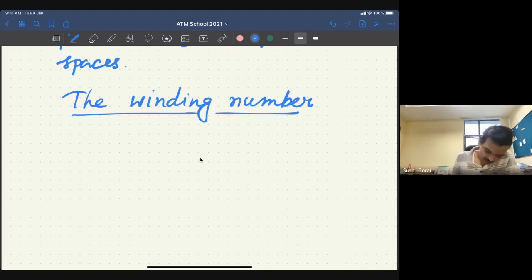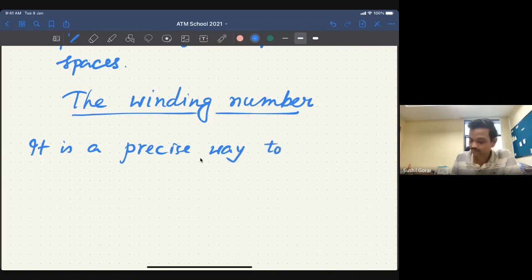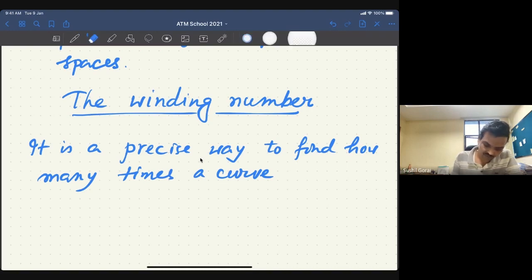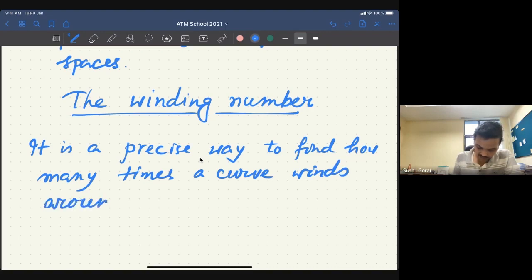Winding number roughly means, so actually winding number is a precise way to find how many times a curve moves or winds around a point.